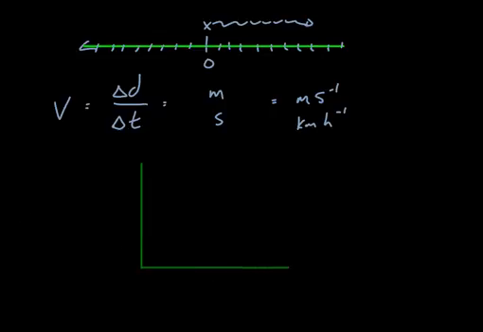If this is a displacement time graph, or I should say a position time graph, this object starts at 0 and it moves to the right. What we're going to see is the object extending into the rightward direction as time goes by.